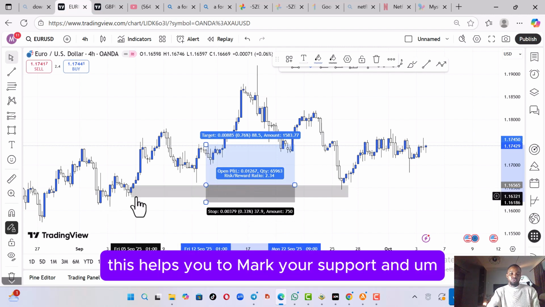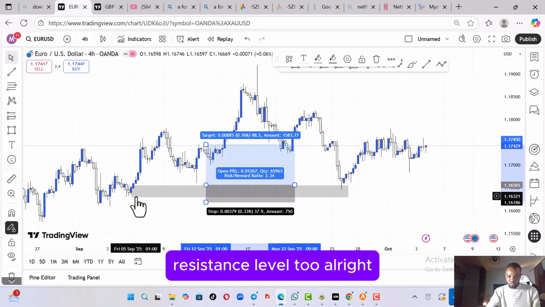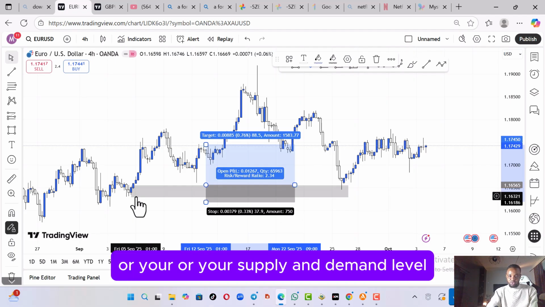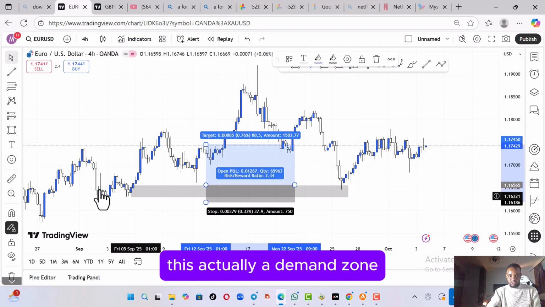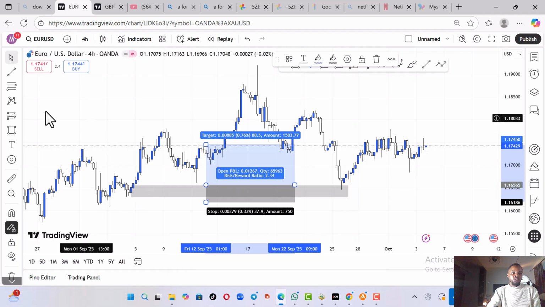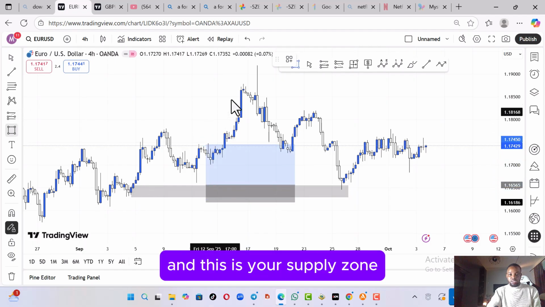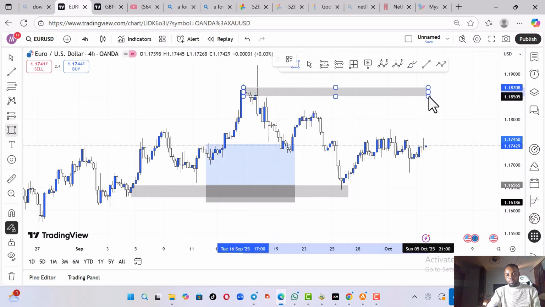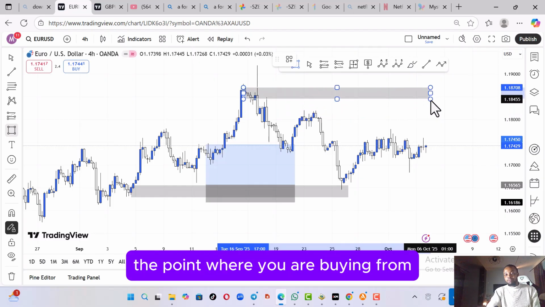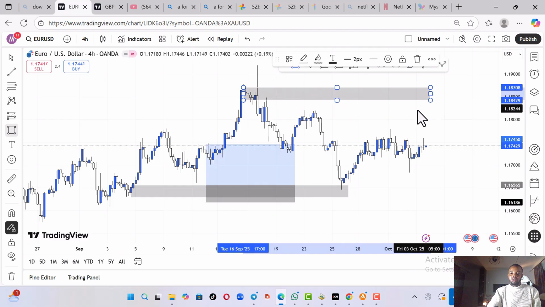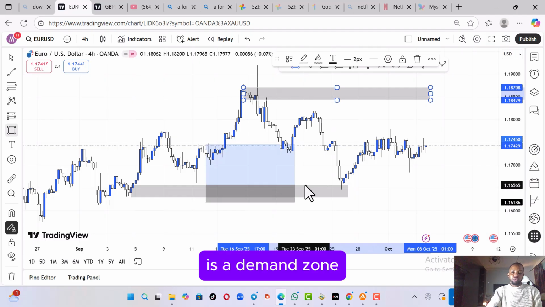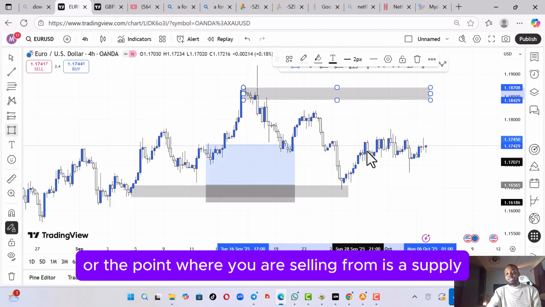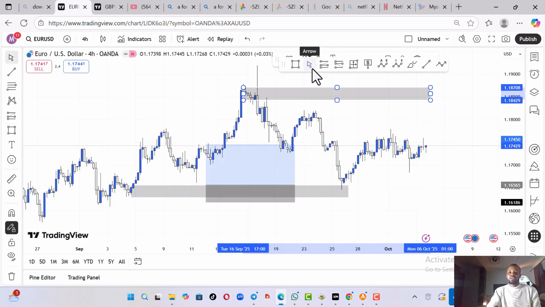This helps you to mark your support and resistance level too, alright, or your supply and demand level. This is actually a demand zone, and this is your supply zone. The point where you are buying from is a demand zone, or the point where you are selling from is a supply zone.